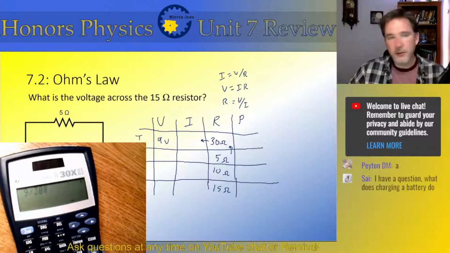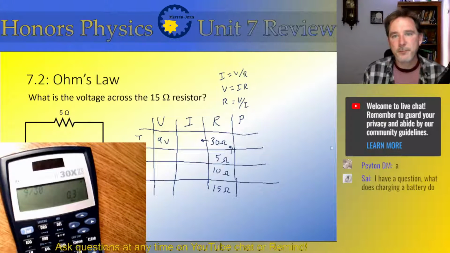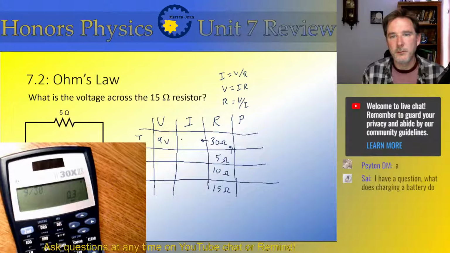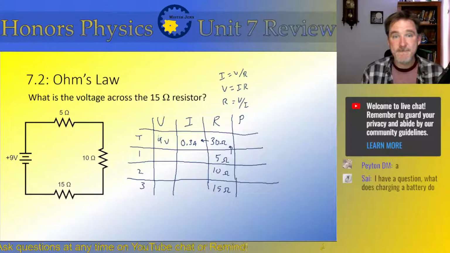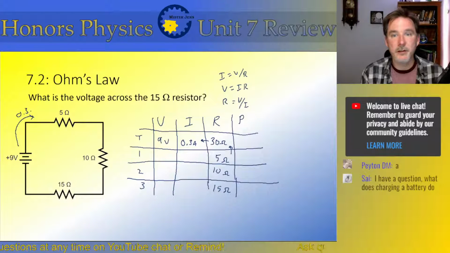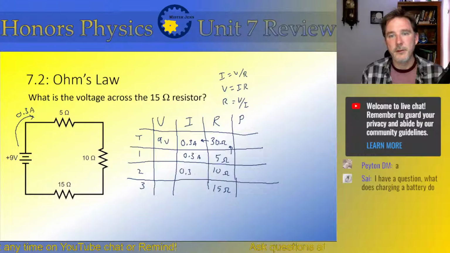So 0.3 amps. This is a series circuit, so the current is the same anywhere. So we've got 0.3 amps coming out of here, which means that's going to be the same current that goes through everything. So 0.3, 0.3, and 0.3 amps.